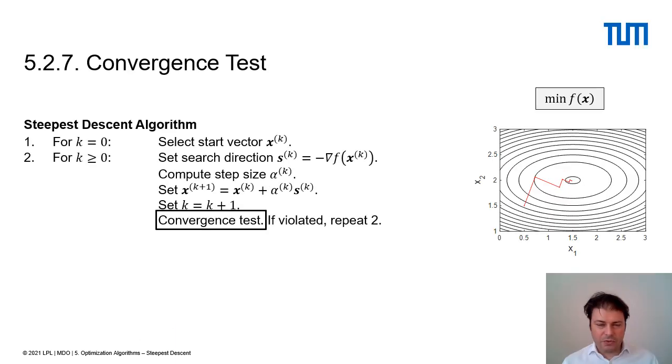Now let's get back to the steepest descent algorithm. We just talked about computing the step size, and now we will talk about the convergence test that will decide whether or not our iteration has to go on or we are satisfied with the result.